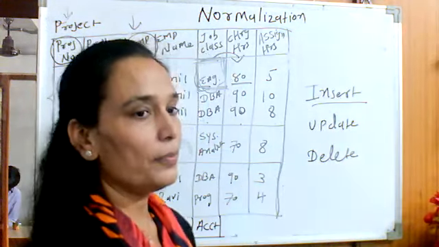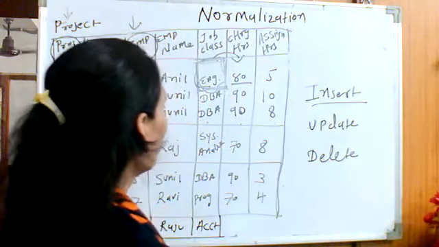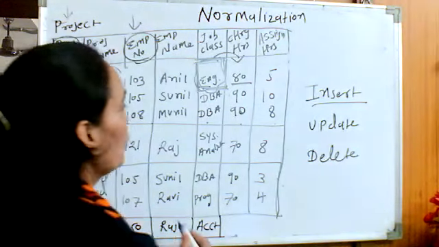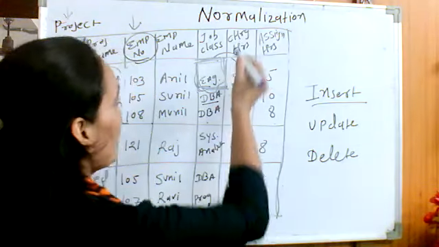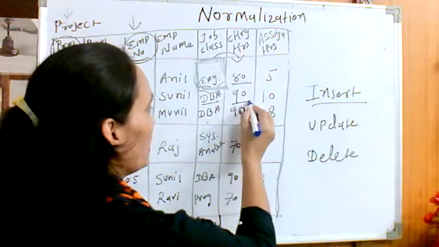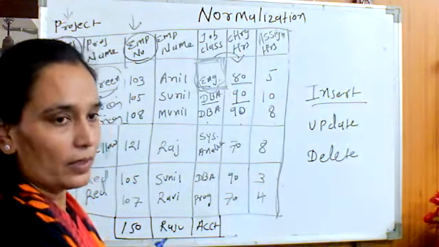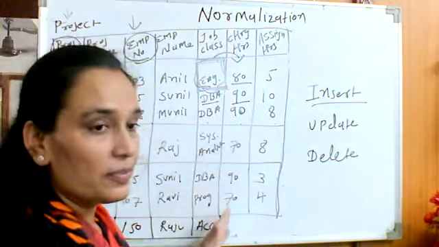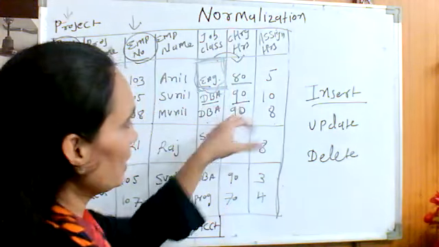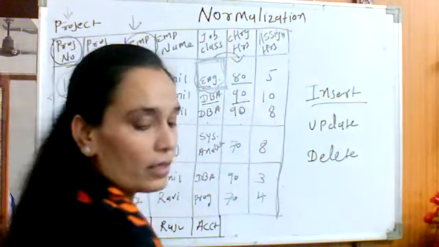Second problem, update problem. How does the update problem arise? For example, there is one DBA, charges per hour, he or she is getting 90 rupees per hour. Now, there is some change in charges per hour. Now he or she will get 100 rupees per hour.